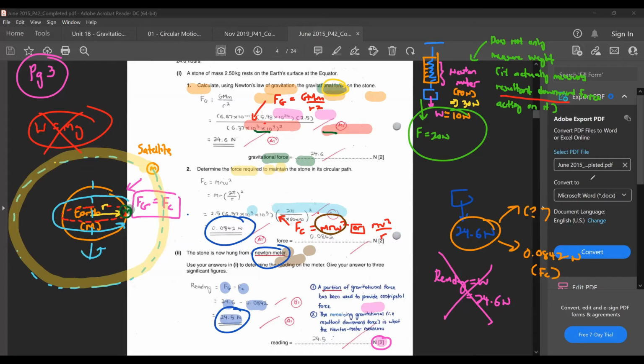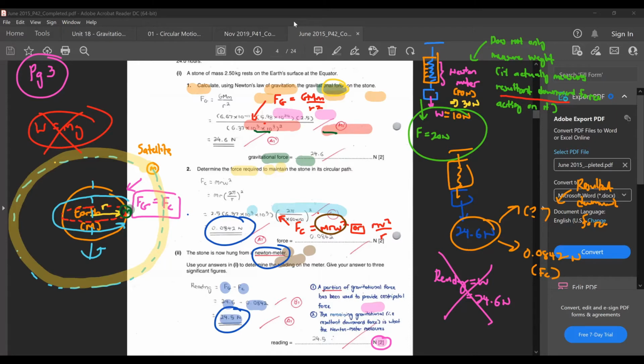This is actually your resultant downward force, which your Newton meter is able to detect and measure right now. So that's why you need to minus it off, because your Newton meter is measuring the force that is pulling the Newton meter down.